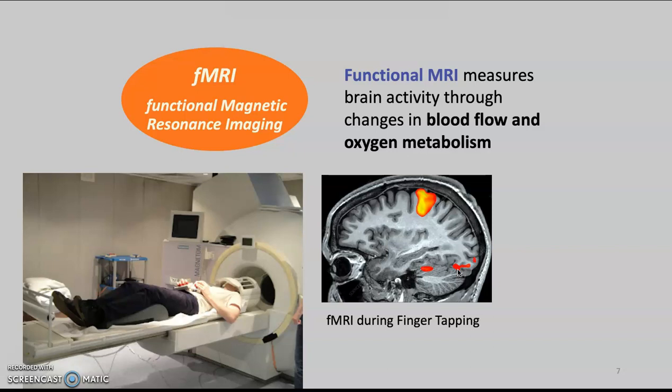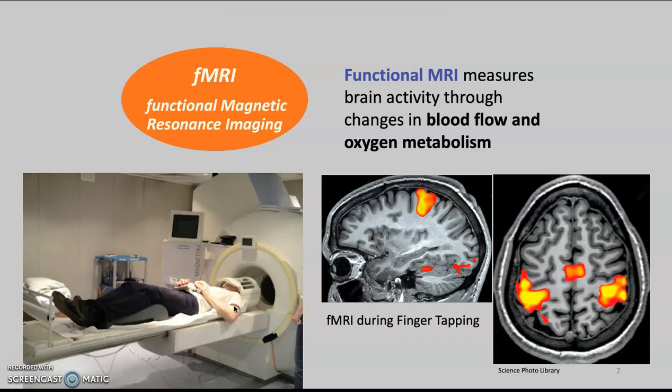This in turn leads to an increase in coherent spin of hydrogen protons that are picked up by coils in the magnetic resonance scanner, allowing for the building of a functional brain map indicating the precise location of increased neural activity. I know, lots of physics.